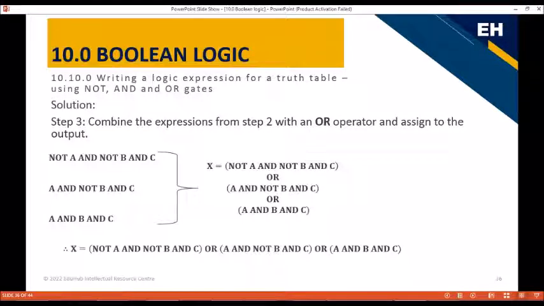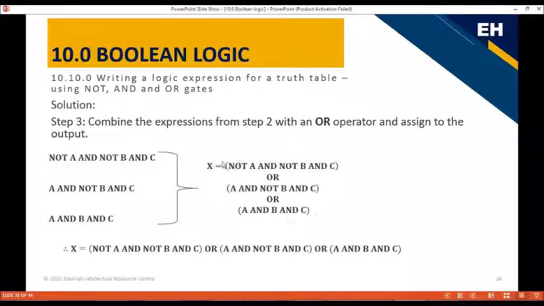Step 3. Combine the expressions from step 2 with an OR operator and assign to the output. So we have these 3 expressions. We have to combine them using the OR operator. I am taking my time to show how this combination is done. This is the first expression, combined using OR with the second expression, and combined using OR with the last expression.